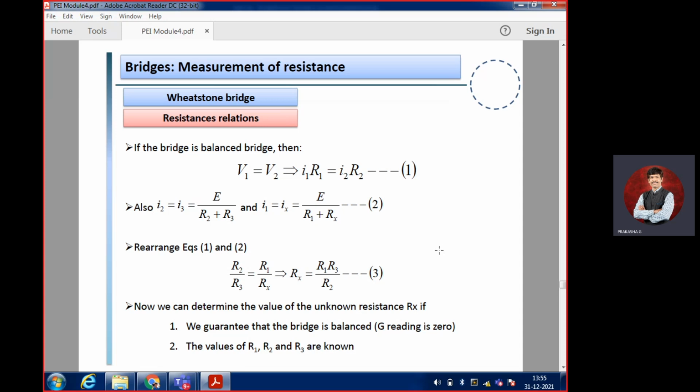Rx equals R1 R3 divided by R2. Here, this is Rx, this is variable. Same thing, P by Q into S, is what we have done.